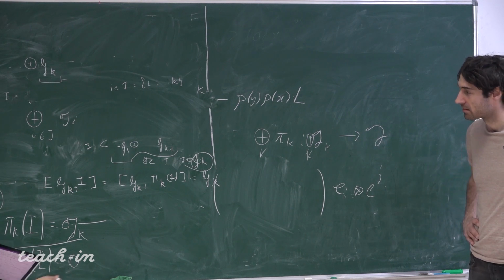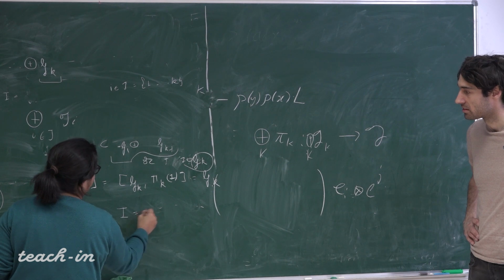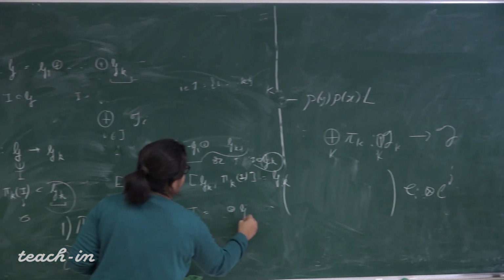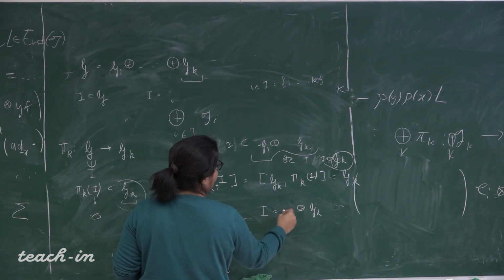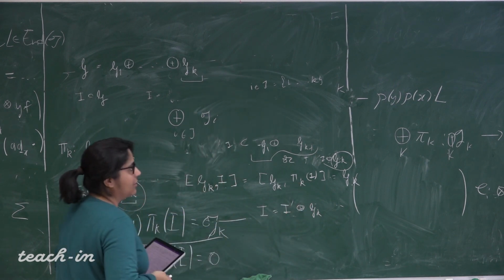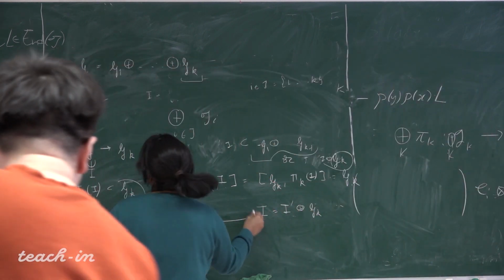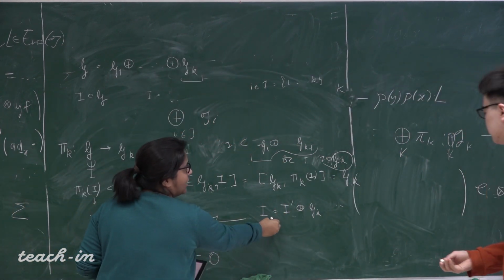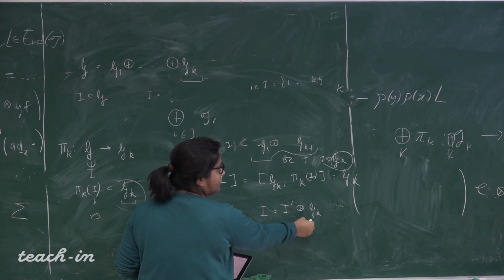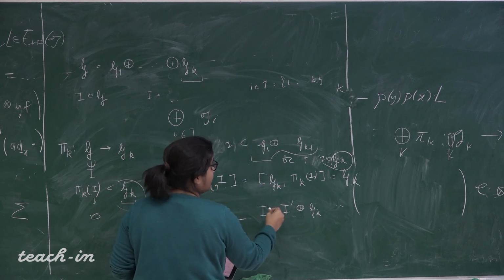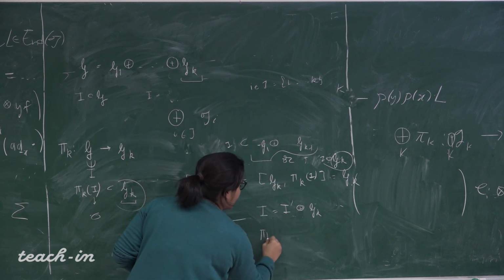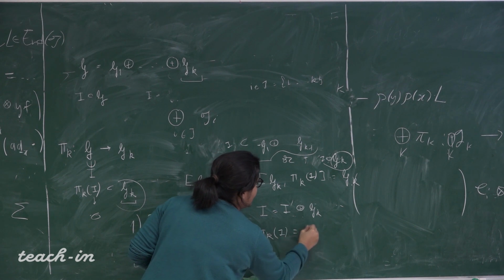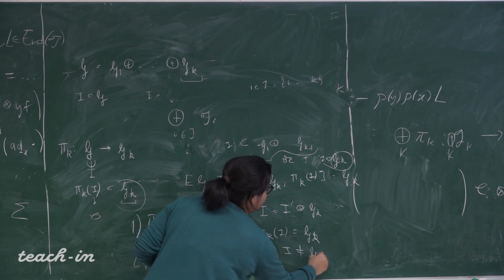I was just going to write that at this point I can do just plus GK. If it's not the other one, then let's consider some other idea. I'm saying my pi K of I is GK, but I is not GK.